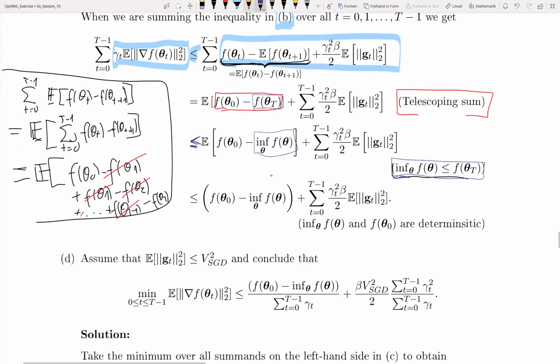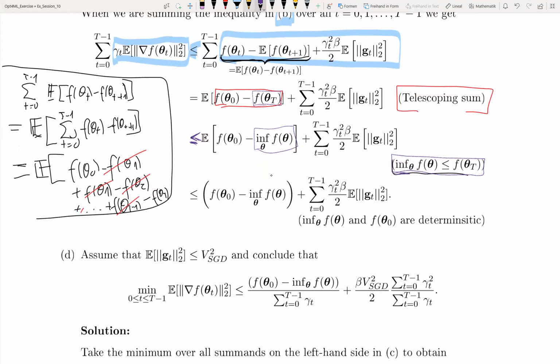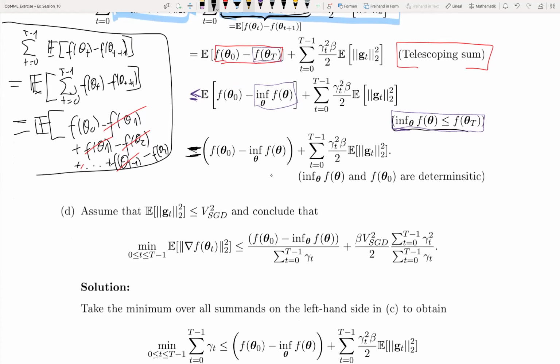Okay, and now we realize we don't need the expected value at all. So this is in fact also an equality. By the way, less than or equal is not false, but let's be more precise, it's an equality. Why is it an equality? Because the infimum is deterministic, it's a fixed value.